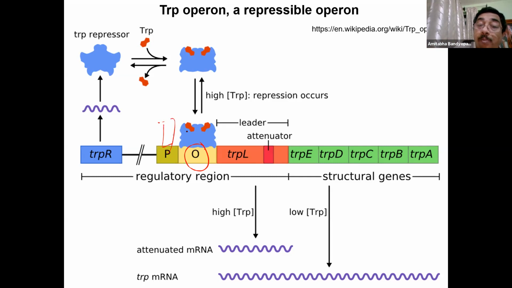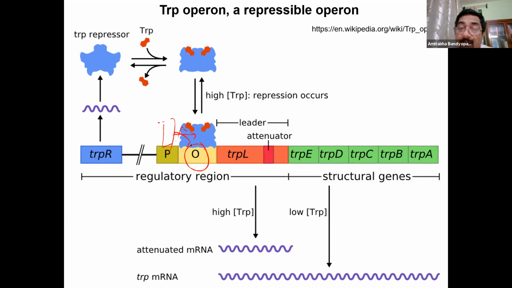Then your RNA pol will not be able to move through it. So that is one kind of regulation. It is called a repressible operon. That is, the operon status normally is always on unless there is a very high level of tryptophan. Therefore, the transcription goes down. It's a repressible operon.